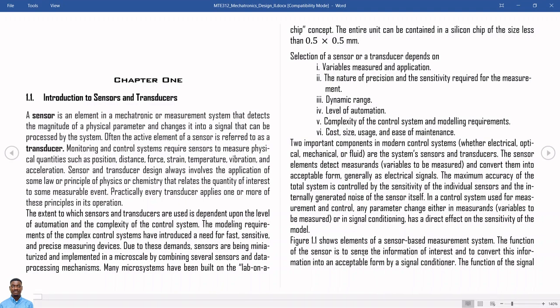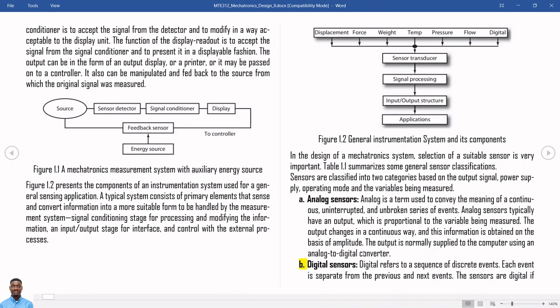So figure 1.1, let me just move to that page. This is figure 1.1. It shows a mechatronics measurement system with an auxiliary energy source. So we have the energy source here. This is the auxiliary energy source in this case. So we have the source. The sensor detector is here, and it detects whatever is coming from this source.